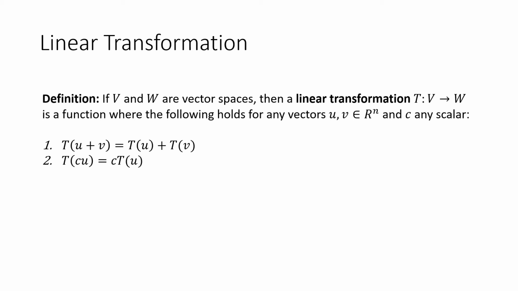Also, when we're dealing with matrix multiplication, we've talked before about how linear transformations are very similar. So you can give all of these ideas in terms of linear transformations.